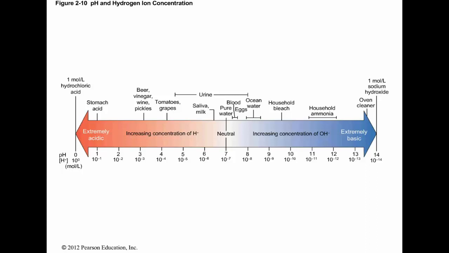And then you have something called caustic oven cleaner, which is extremely alkaline and will burn the skin. Most of these will burn the skin from household bleach upwards, of course, which is why we use gloves, those of us that clean the house. And then beyond oven cleaner, right down the end where it's extremely basic, is pure sodium hydroxide.